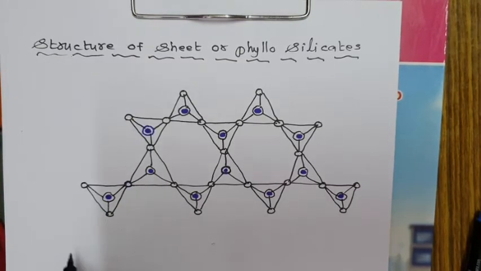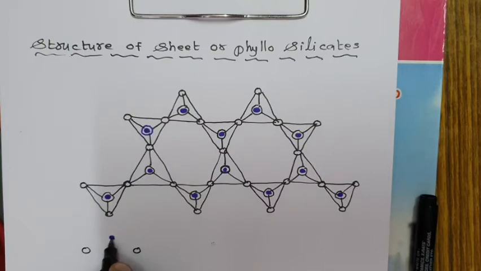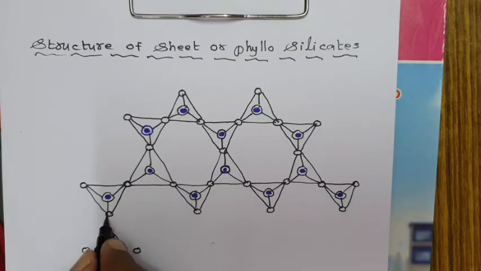Then reverse of this, we have to draw one oxygen, another oxygen, center silicon surrounded by perpendicular oxygen. So all the corner oxygens are added. Then below, reverse of this, we draw here one oxygen, silicon surrounded by oxygen.